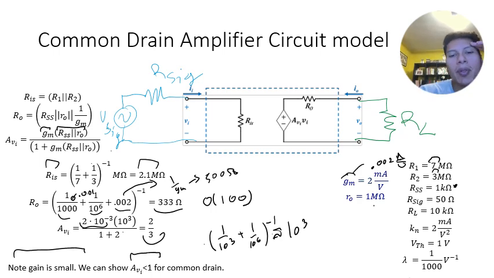Typically, people use common drain amplifiers mainly because it gives you a low output resistance, which is desirable, because the lower this resistance is, the more that will drop through this RL. So what you can do is actually connect a common source, which gives you a high gain, followed by a common drain, which makes you lose a little bit of your gain, but that gives you that low output resistance, which is ideal.